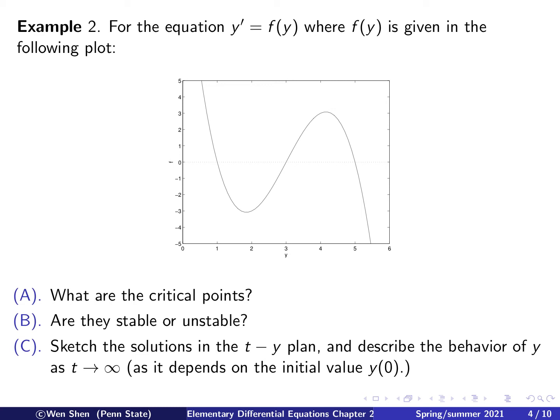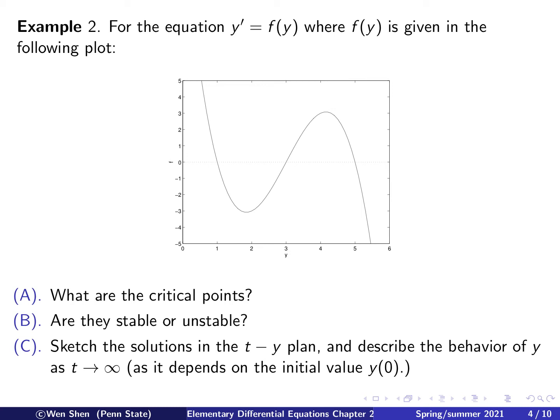A, what are the critical points? B, are they stable or unstable? And C, please sketch solutions in the ty plane and describe the behavior of the solution y as t goes to infinity, and describe how it depends on the initial value.